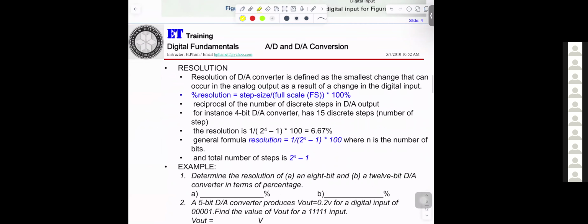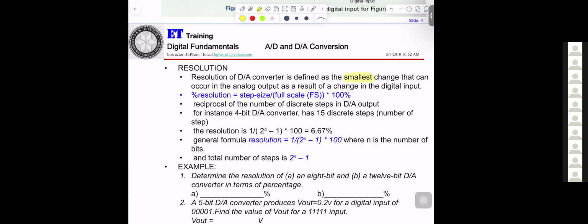Resolution of the converter is defined as the smallest change that can occur in the analog output as a result of a change in the digital input.